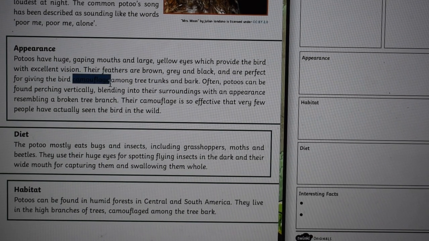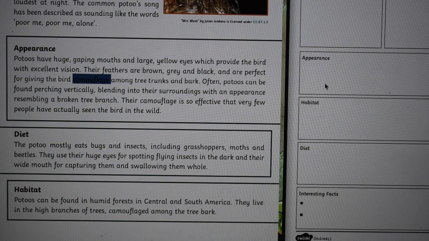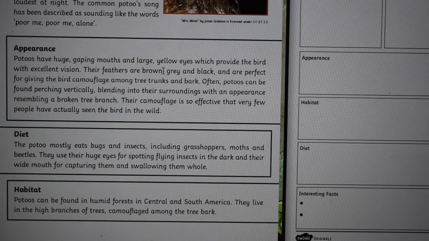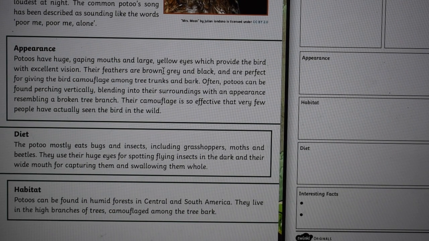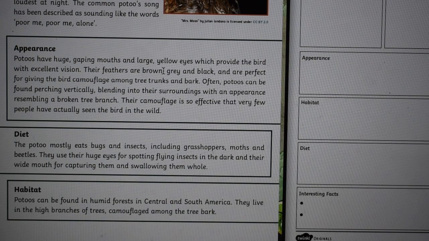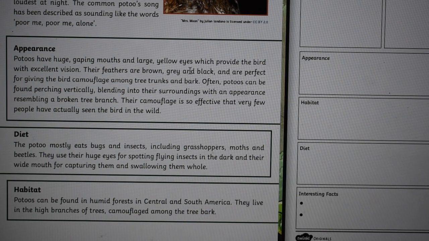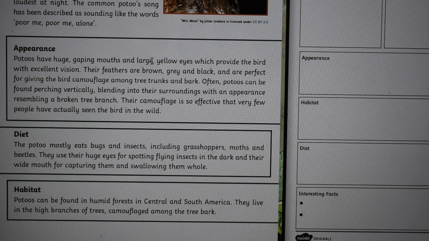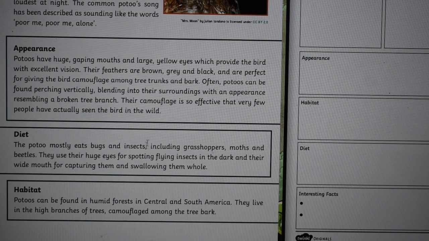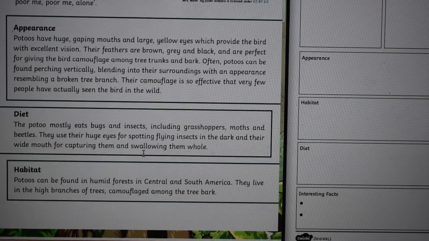So I'm going to try and mention something in my plan about the camouflage, because that is quite an interesting fact that I think my reader would hopefully like to read about. So pause it now, and like I said, break this paragraph here into 2 or 3 bullet points, write them here, similar with diet and habitats.